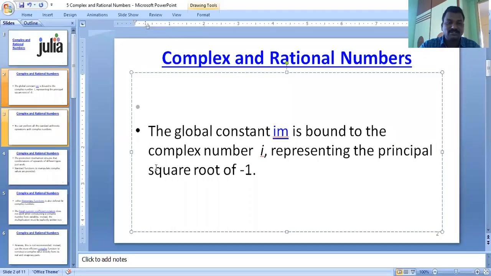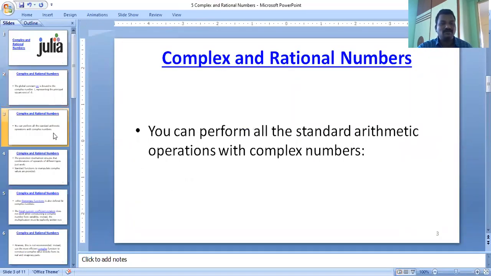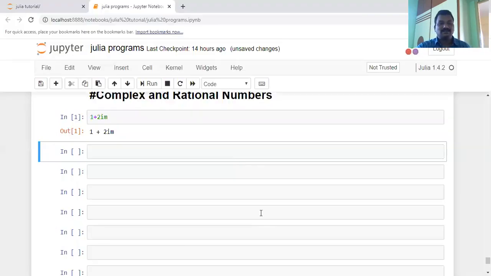Coming to the next point, what are the operations? You can perform all standard arithmetic operations with complex numbers. That means different kinds of operations you may perform.